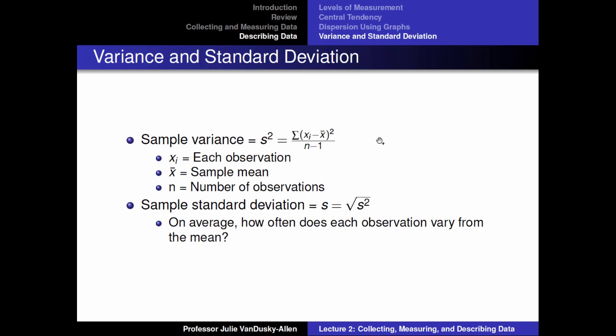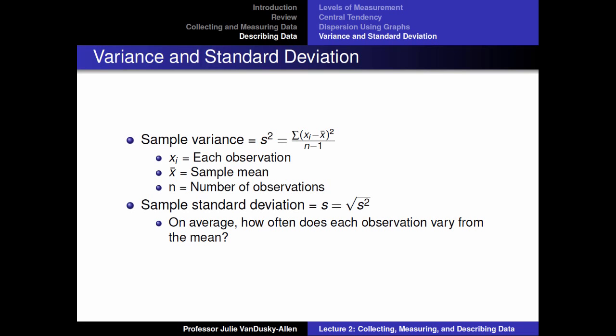Instead, we square the values here to get rid of the negative numbers. Then we take those values, add them together, and divide by the number of observations minus 1. This is a calculation that is very close to the arithmetic average. What the variance tells us is the average squared deviation from the mean.